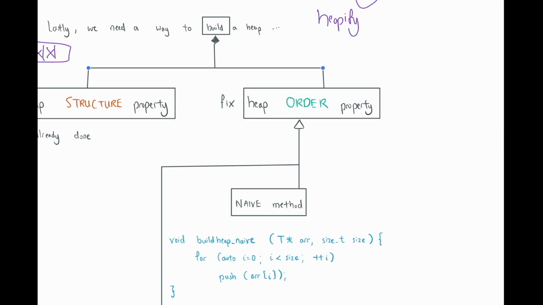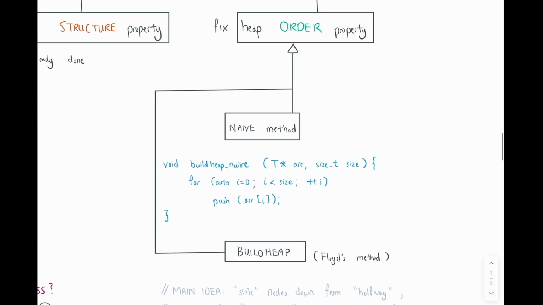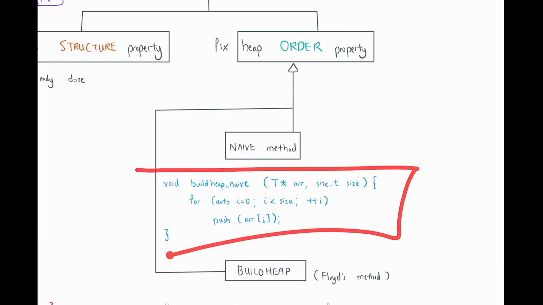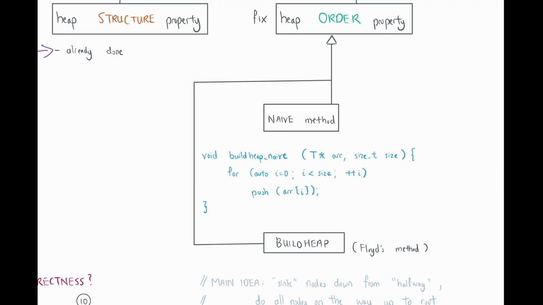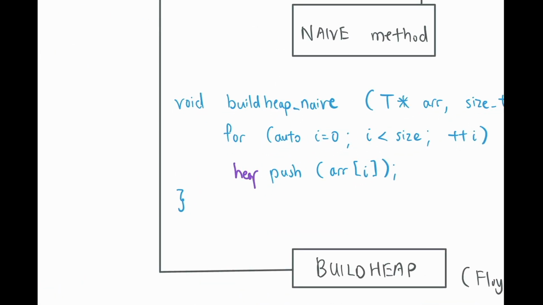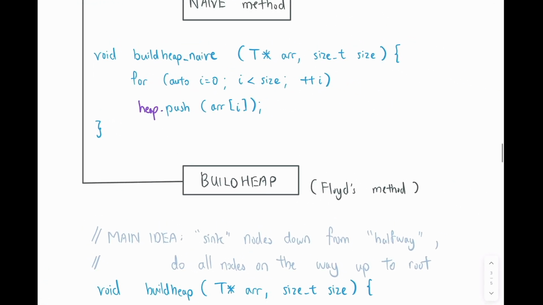Then the other thing that we need to do, which is the hard work here, is to fix the heap order property. And there are two ways to do it. Starting with the naive method, without thinking deeper any further, naturally what we can do is to push everything using the heap push operation, given any array.